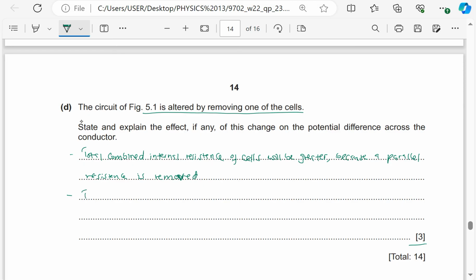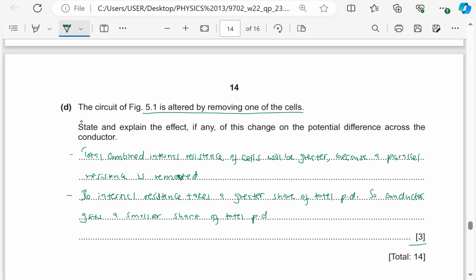So the conductor gets a smaller share of the total PD.